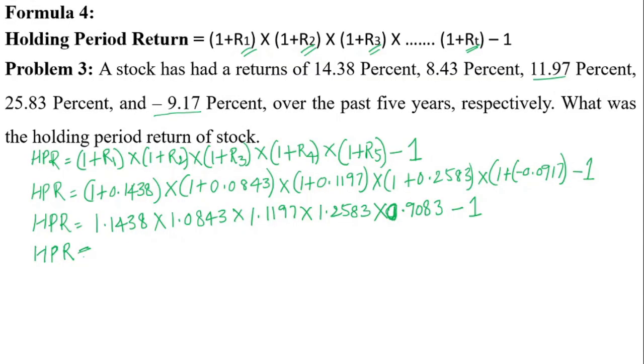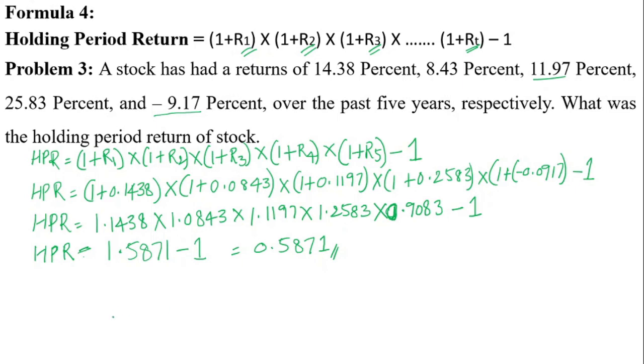Now we will write the value 1.5871 minus 1, that is equal to 0.5871.